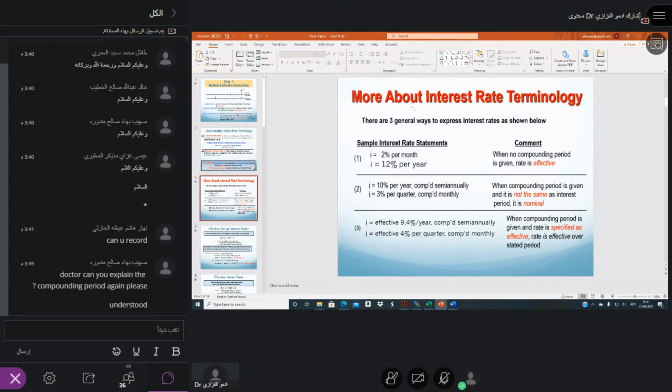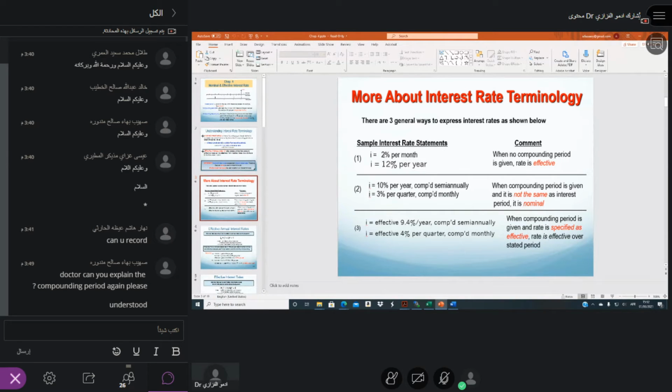So, more about interest rate terminologies. There are three ways to express interest rates, as shown below. Normally the language they use to express interest rates is, they will say interest is equal to 2% per month, or interest is equal to 12% per year.